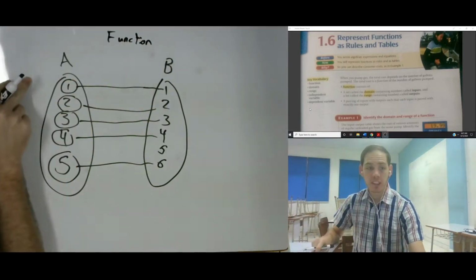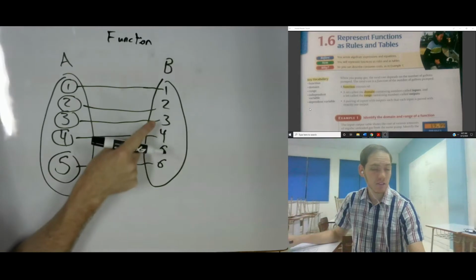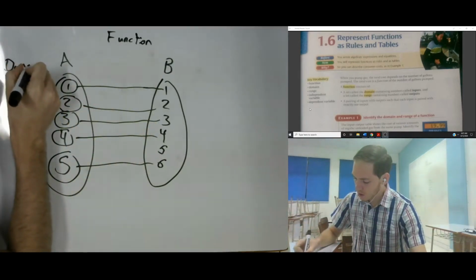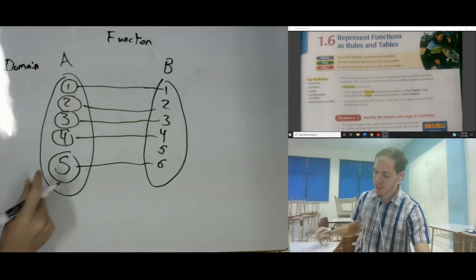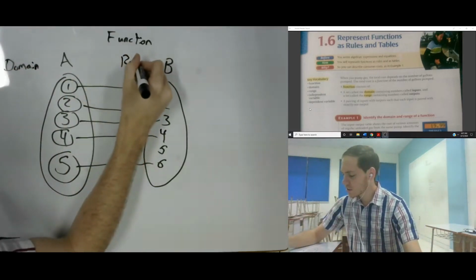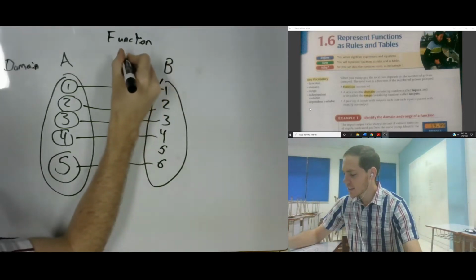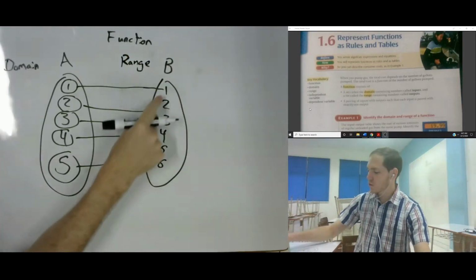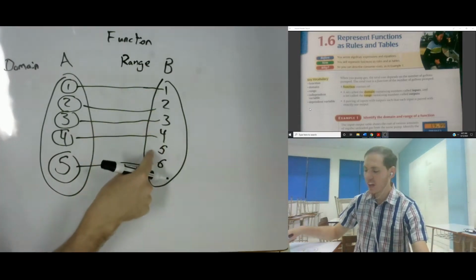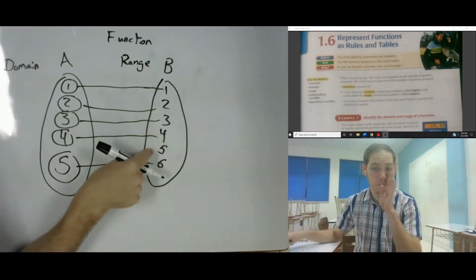The first set that connects to the right set is called our domain. All the numbers in here is our domain. Our range is the set that it connects to, but the range is only the points that are connected. So this 5 is not in the range, okay?